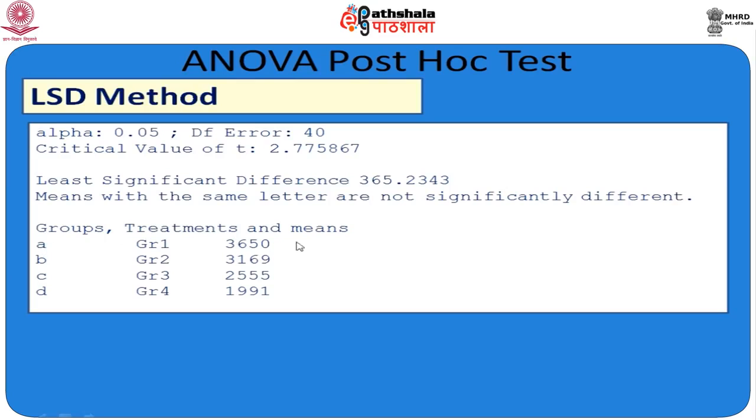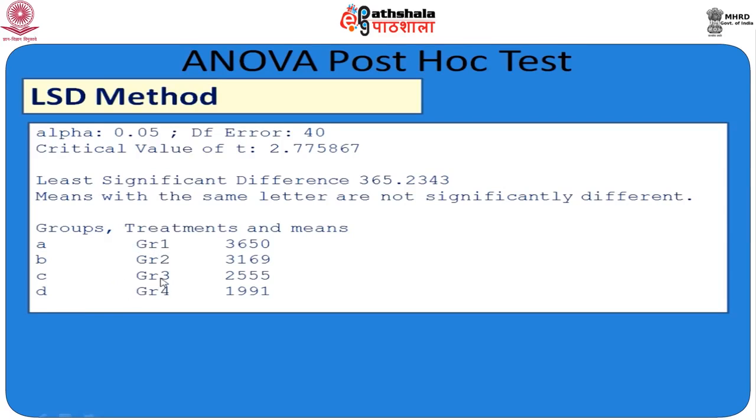If A and B, the groups 1 and 2, is mentioned, and there is no common letter between these two, that means they are significant. For group 1 and group 3, A and C, there is no letter common, that means they are significant.